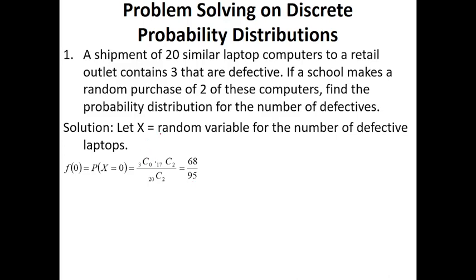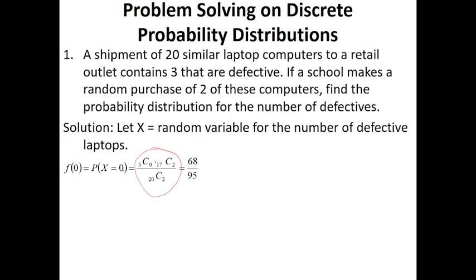Now, the question is, how did we arrive at this solution? So since our goal is to determine the probability that the random variable x is equal to 0, where x is the number of defective laptops. So in here, 0 defective laptops.